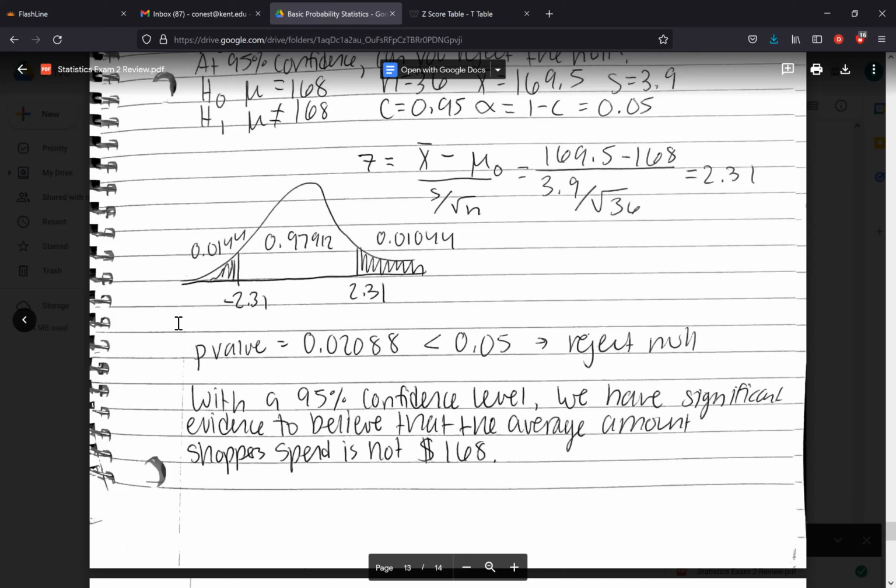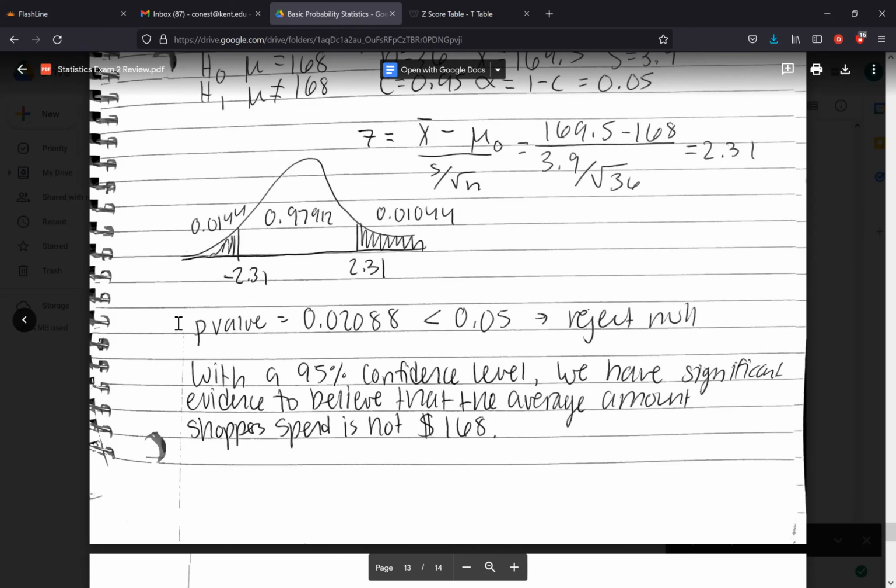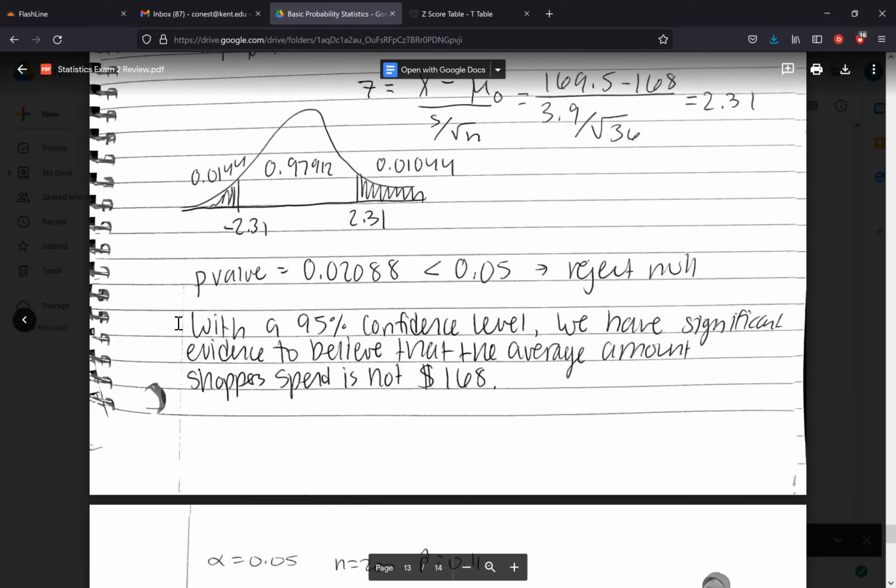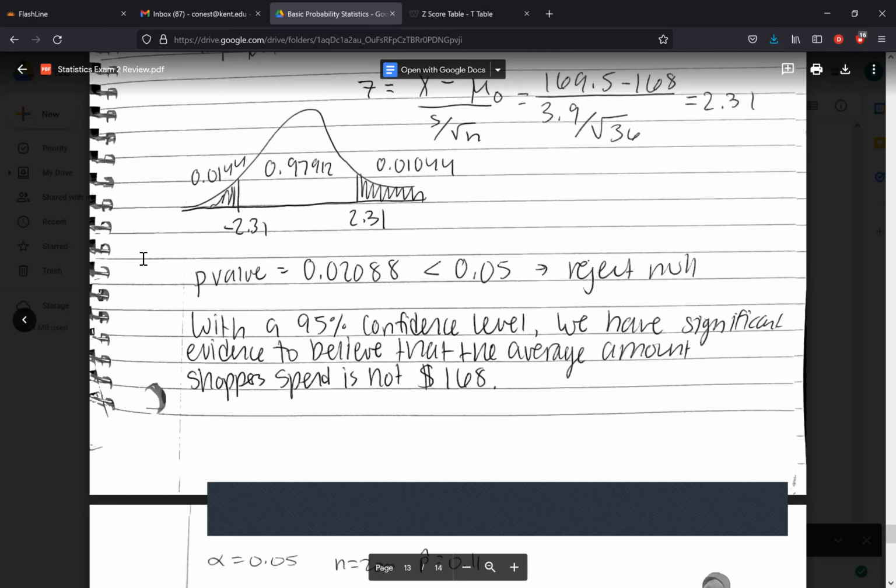So we actually need to double that probability to get a p-value of 0.02088. Then we compare this to our alpha and we can see it's less than 0.05, so we can reject the null, and we can state that with a 95% confidence level, we have significant evidence to believe that the average amount shoppers spend is not 168.